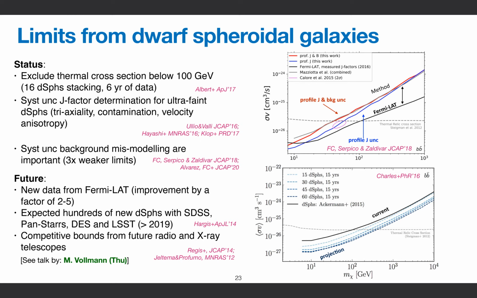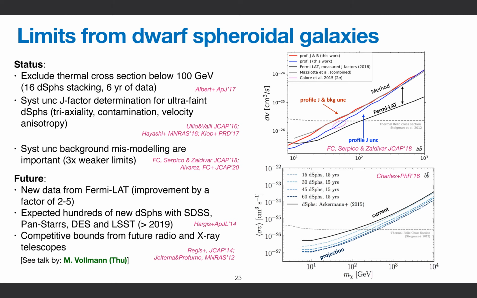So the status of limits from dwarfs, which will also be presented by Mattia Di Mauro later today, is that we can actually exclude a thermal cross-section below 100 GeV masses.